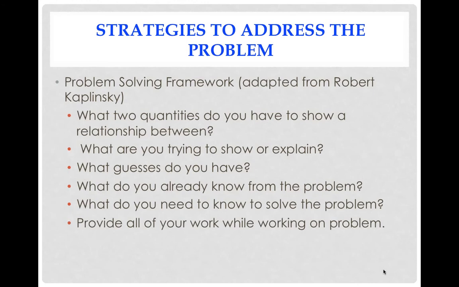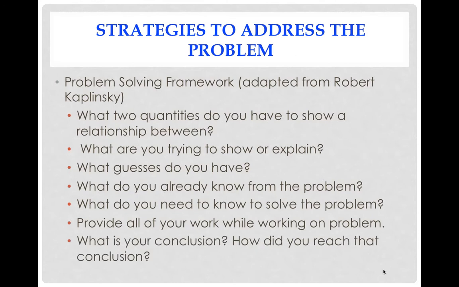We should always provide some section where the students are able to write down all of their work, a section that may be right after the problem or on the back of a worksheet that we may be using, so they can have this area to guide them to the answer.